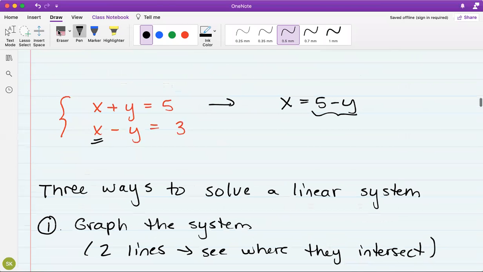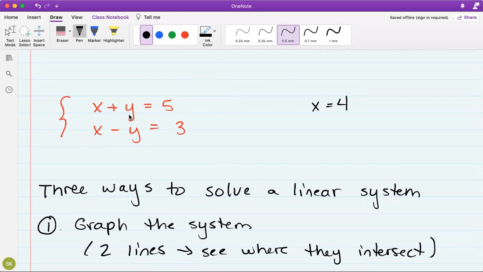For example, in this problem right here, notice that if I add these two equations together, I'll get 2x, the y will disappear, and I'll have 2x is equal to 8. Then I can solve for x, which I will get x is equal to 4. And then to figure out the y value, you just plug that x value into either one of these equations.